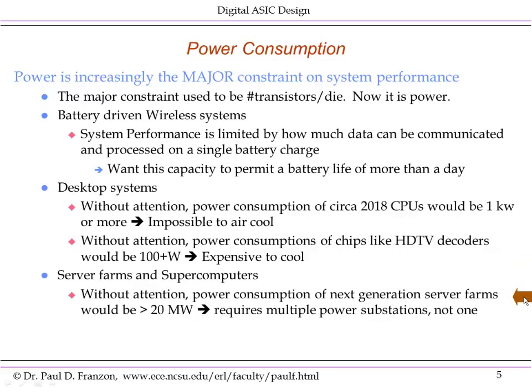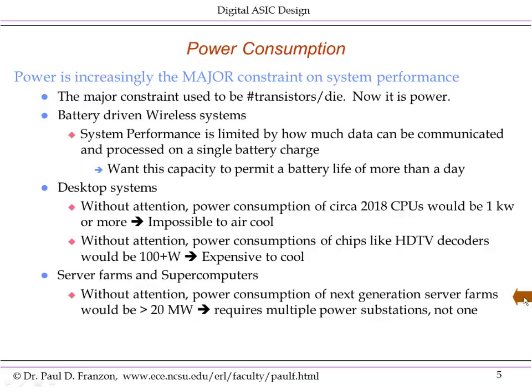And finally, of course, as we move to the cloud, then the server farms and supercomputers that are the cloud infrastructure take an enormous amount of energy at each site. These are enormous sites often with cooling ponds and their own substation next to them, and so on. And today they take tens of kilowatts.